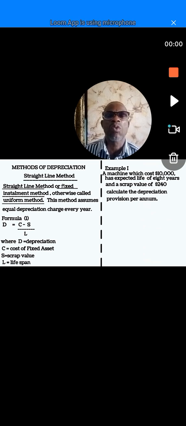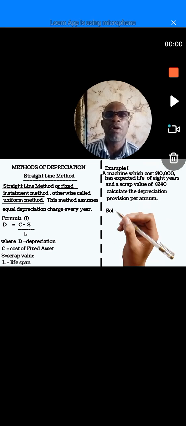Solution. We can quote the formula: depreciation is equal to C minus S over L, where the cost is $10,000, the lifespan is 8 years, and the scrap value is $240. Then we fix these values in the place of the variables, and we work them out.